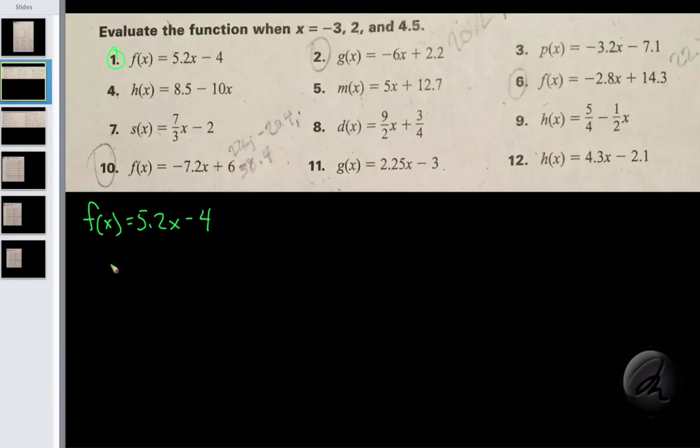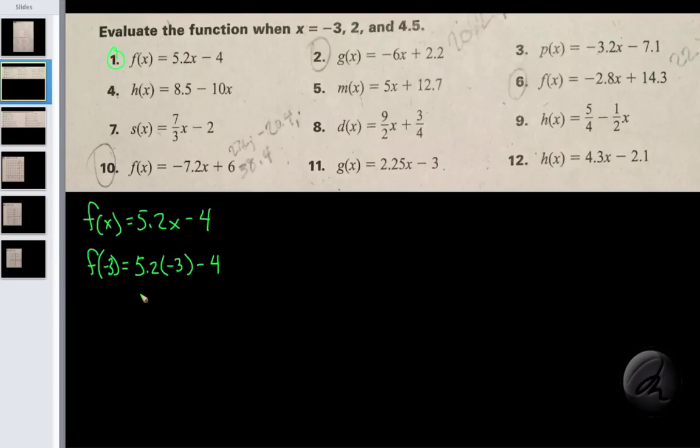What will this function look like if I replace my x with -3? So this is now a function of -3, f of -3. That means I replace my x with -3, minus 4.